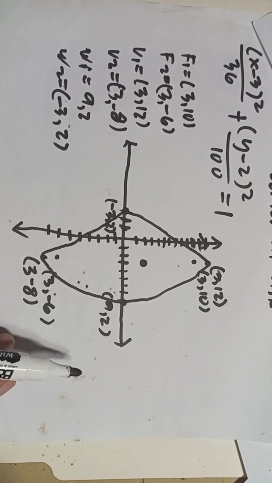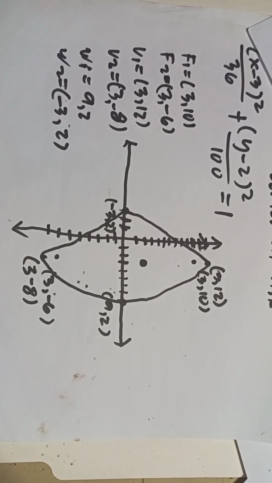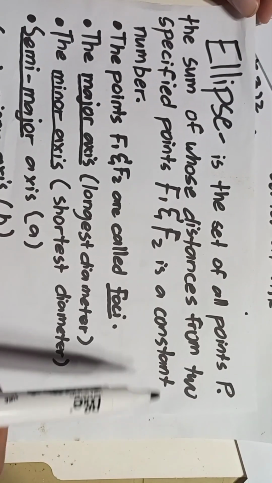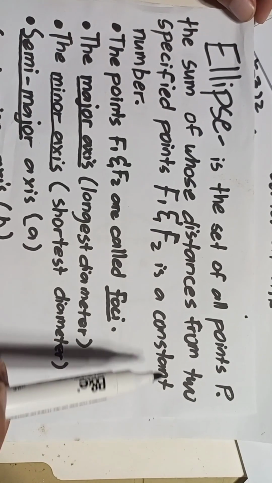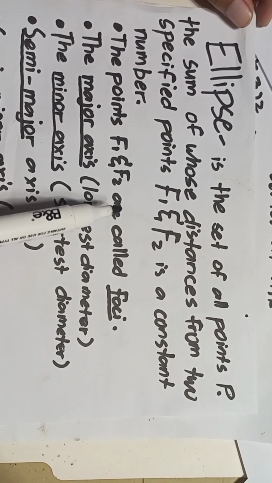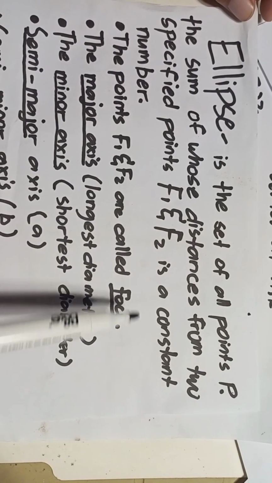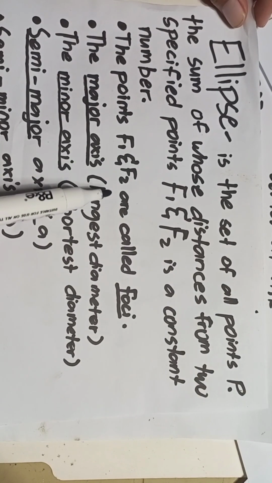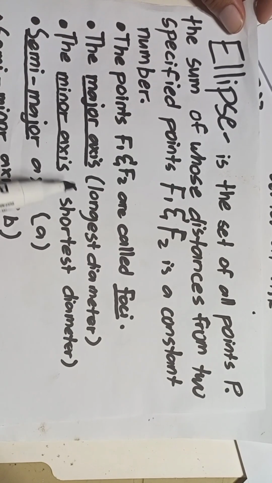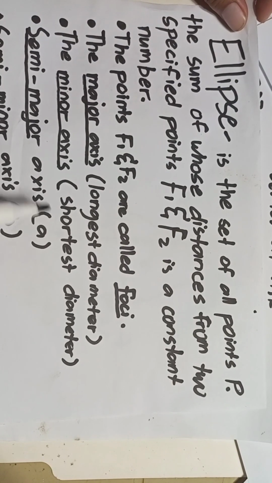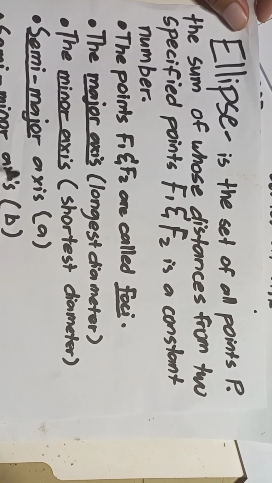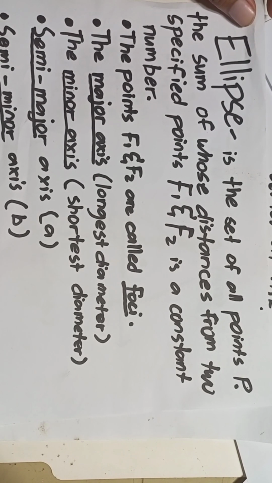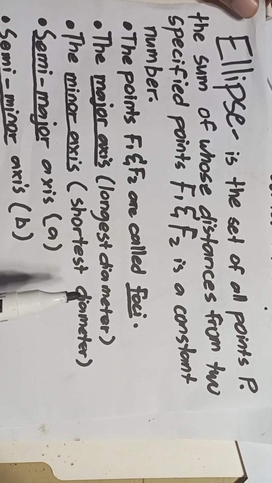So remember that an ellipse is the set of all points P, the sum of whose distances from two specified points f sub 1 and f sub 2 is a constant number. The points f sub 1 and f sub 2 are called foci. The major axis is the longest diameter, the minor axis is the shortest diameter, and the semi-major axis is our a and the semi-minor axis is our b. So that's all. Thank you.